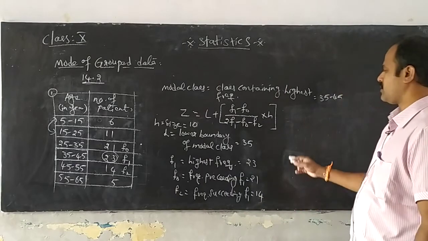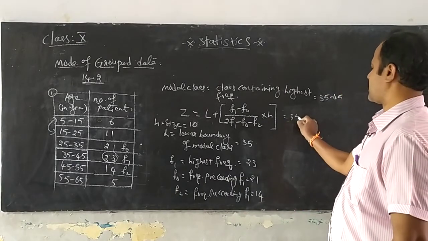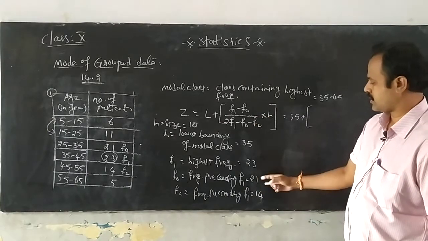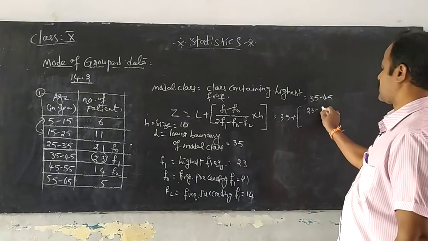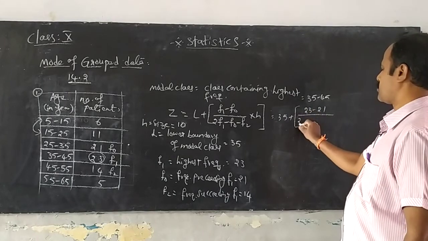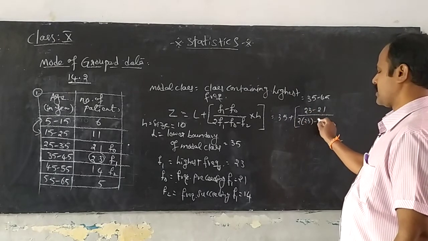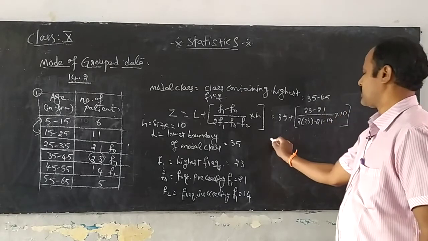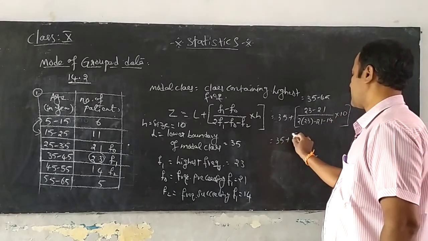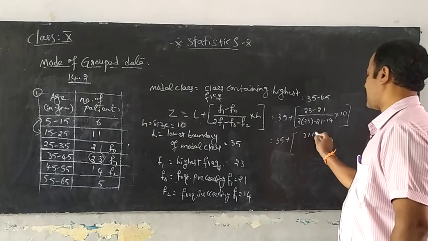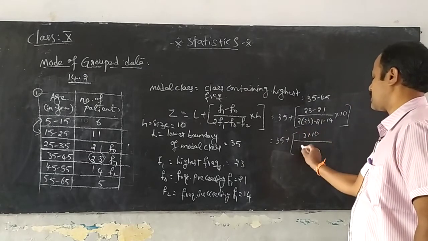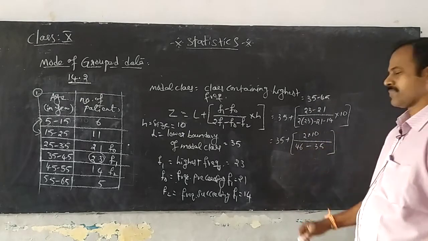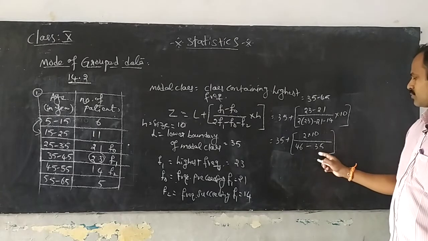When you substitute the values, you get 35 plus (F1 minus F0), that is (23 minus 21), by (2 into 23 minus 21 minus 14) into 10. So you get 35 plus 2 into 10 by (46 minus 35). When you subtract, you get 11.